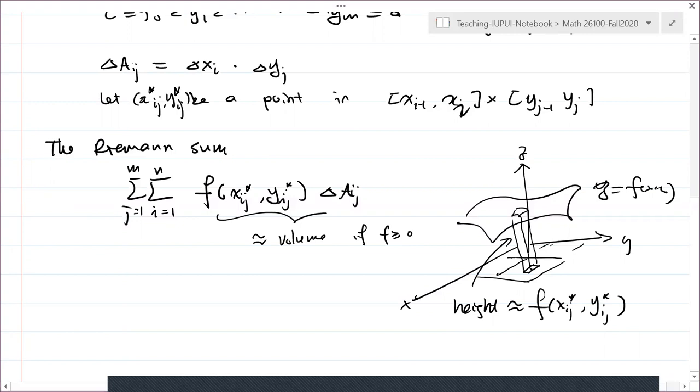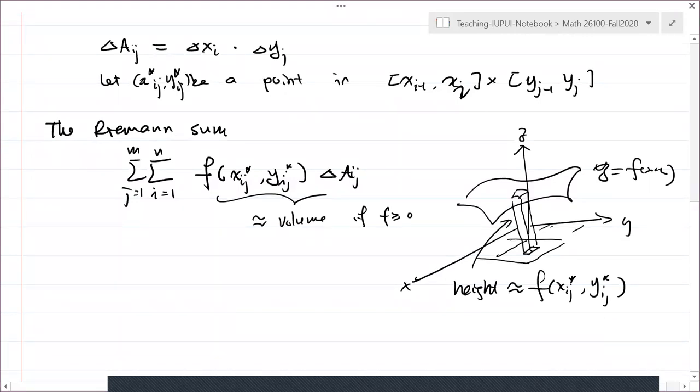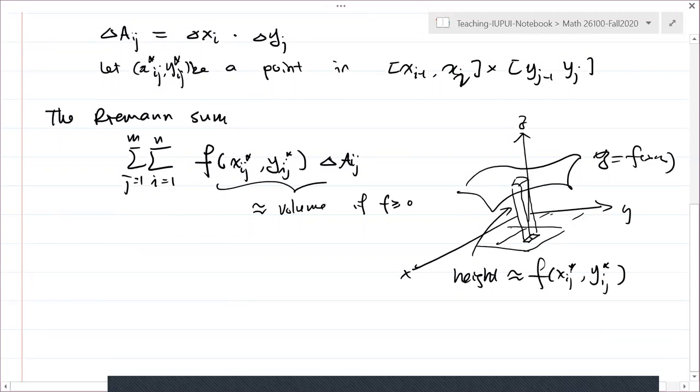This is the geometric meaning. When you add them together, you get a good approximation of the volume of the whole region under this graph and above the xy plane. So we want to talk about the limit. The double integral is defined.